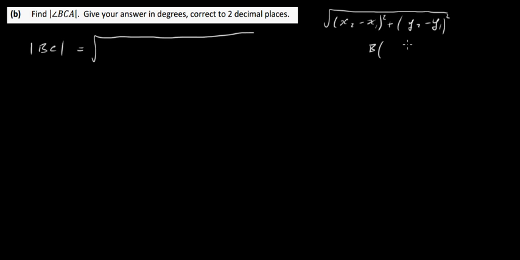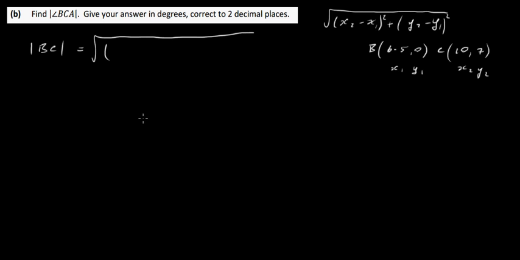B is just 6.5, 0, and C is 10, 7. So I'm going to say x1, y1, x2, y2 here, and then you just stick them into your formula.